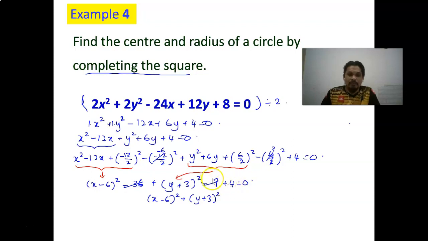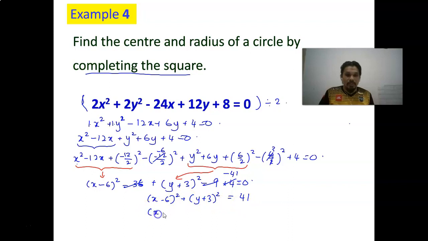And then negative 45 plus 4 equal to negative 41. Then bring this to the side, it becomes 41 here now. (x minus 6) squared plus (y plus 3) squared equal to 41.